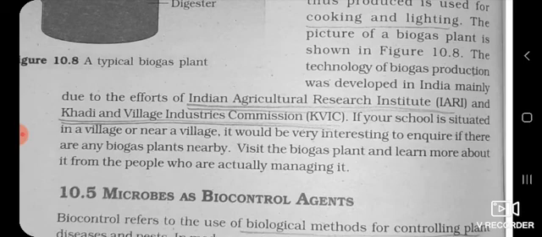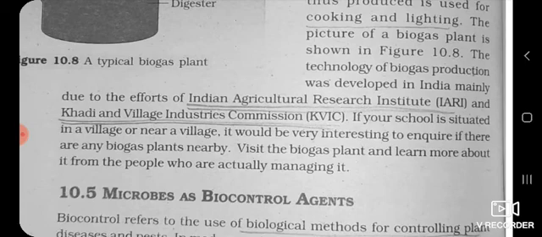Due to the efforts of the Indian Agricultural Research Institute, in short called IARI, and the Khadi and Village Industries Commission, KVIC. So you have to remember IARI and KVIC. These are the two organizations which have taken the efforts for development of biogas production, particularly in India.